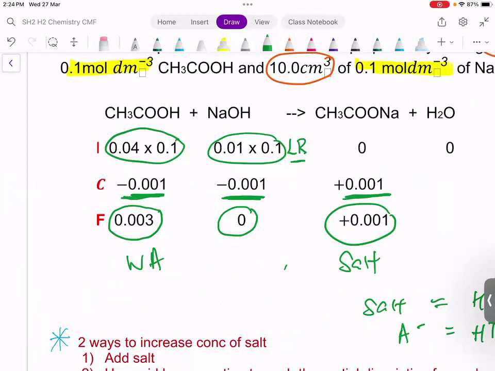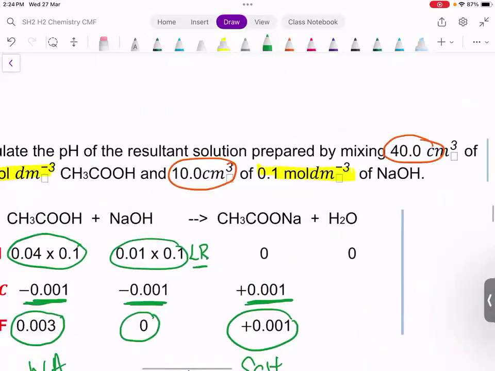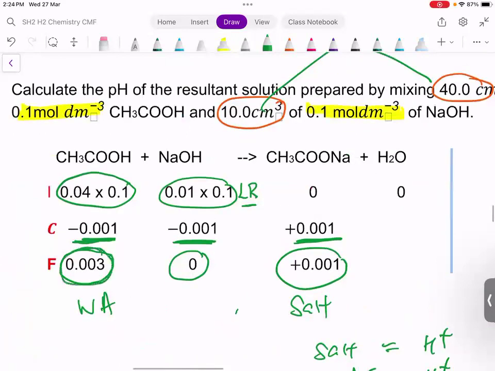Agree? So now, after adding the 40 cm cube and the 10 cm cube together, the total volume is 50. So this is the amount unreacted, 0.003 of the weak acid, in a volume of 50. But then this one is cm cube. How do you convert to concentration? Times 1000.